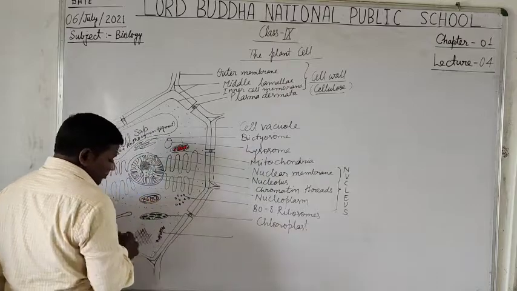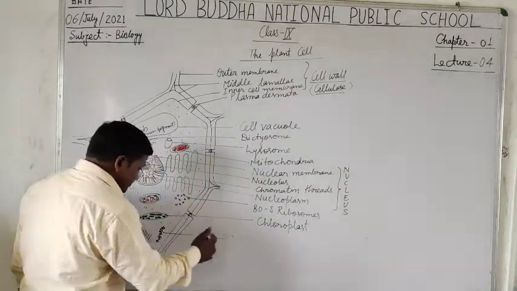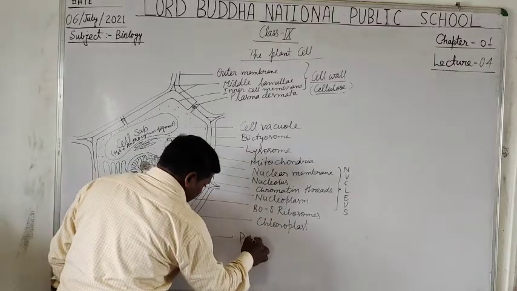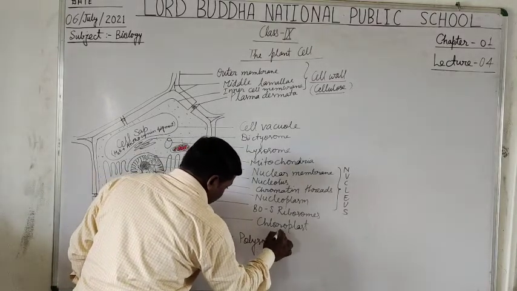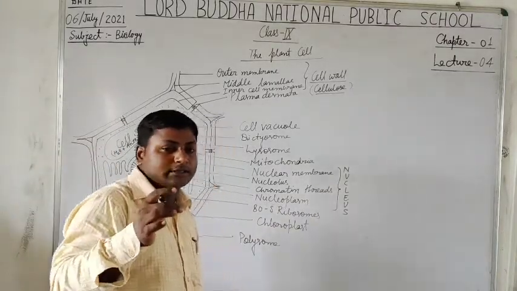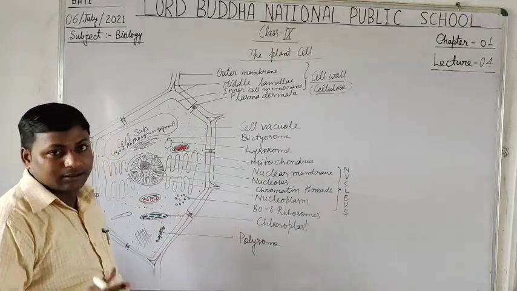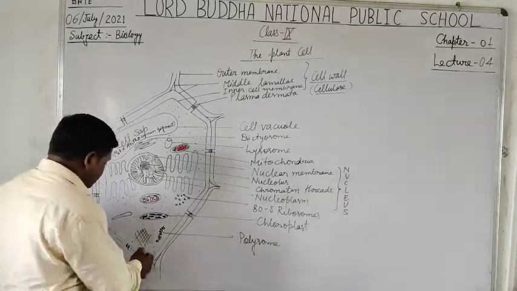Now, many ribosome particles get attached on a filamentous structure. These filamentous structures are called polysome. Poly means many, soma means body. When many ribosome bodies are present on the microfilaments or microtubule, they are called polysomes.